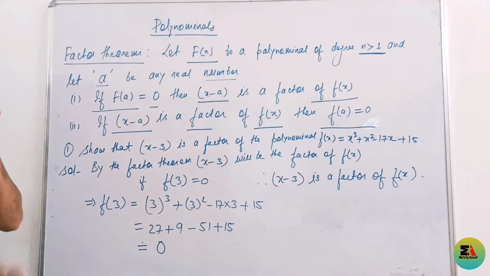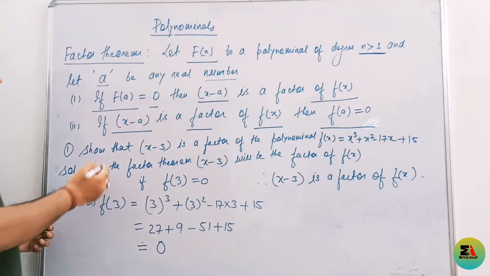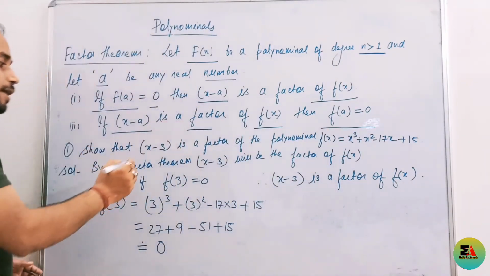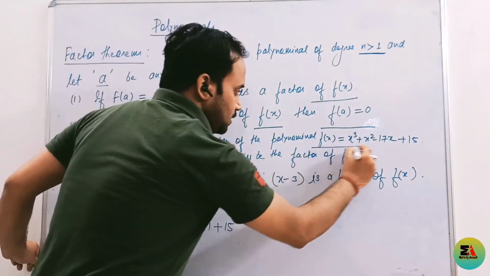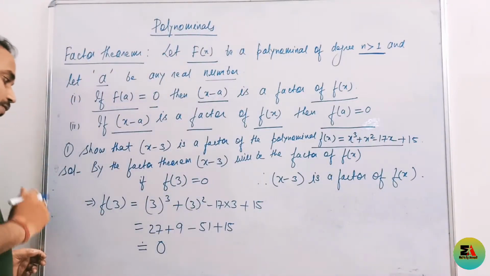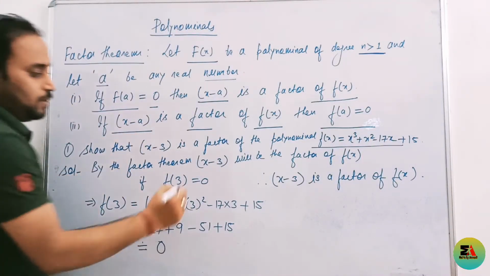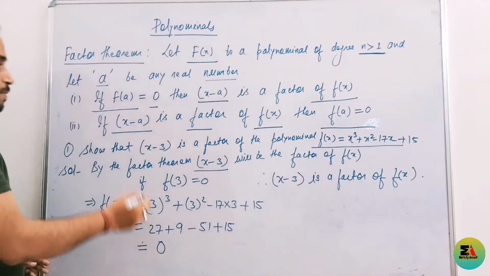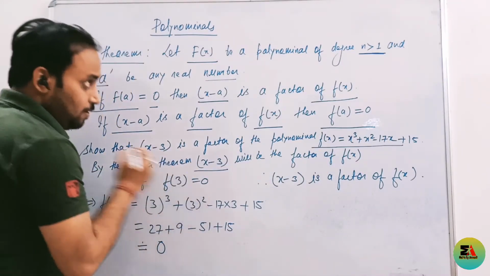Now I repeat the whole process once again. The question says x minus 3 is a factor of this polynomial. We have to show it. First, we know by the factor theorem, if x minus 3 is a factor of f(x), then f of 3 will be 0.